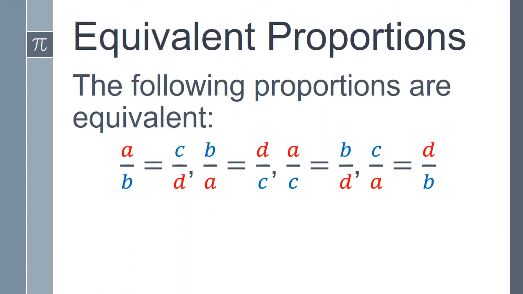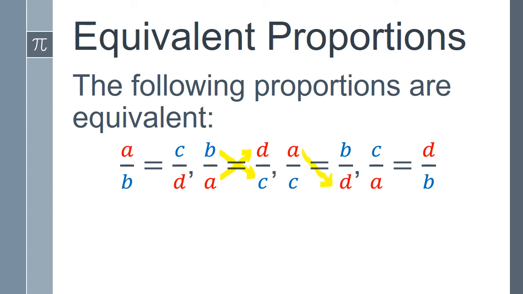Okay, equivalent proportions. The following proportions are equivalent. So if you flip them over, they're still equivalent because if you cross multiply, you get the same answers. So over here, no matter what, I would end up with AD is across from, on an angle like that from each other, and BC is as well.